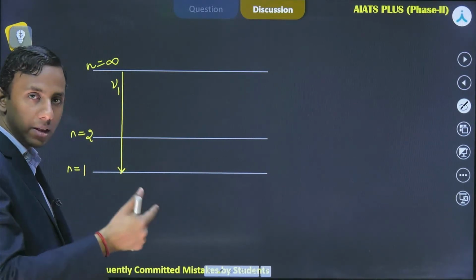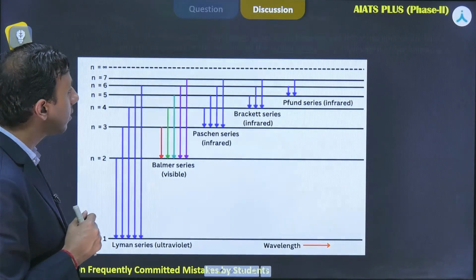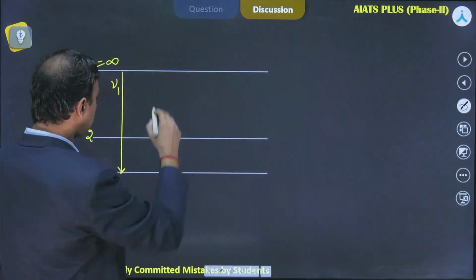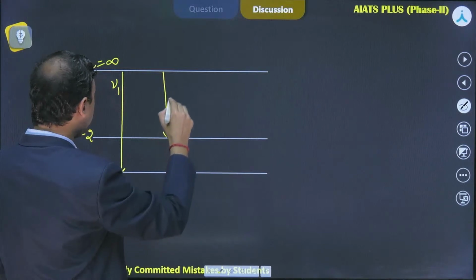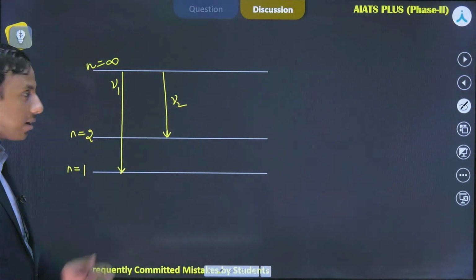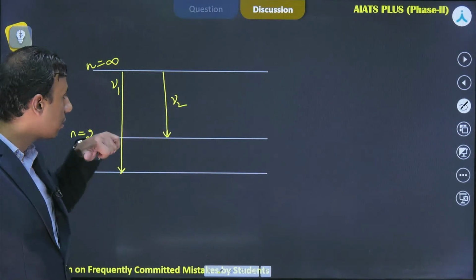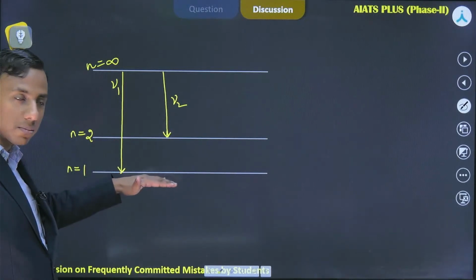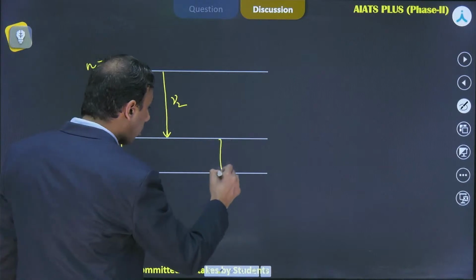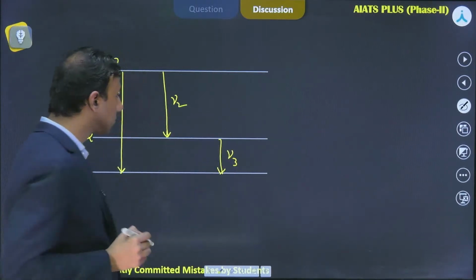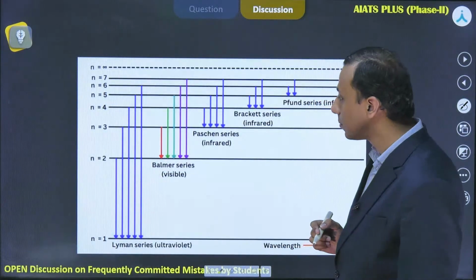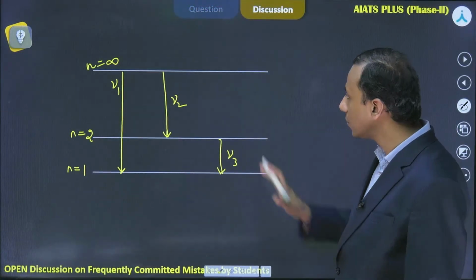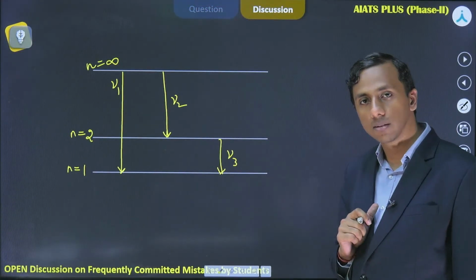And for Balmer series, the series limit is nu 2, so we can draw from infinity to n equal to 2, and the frequency associated with this jump is nu 2. And what about the remaining one? It is the first line of Lyman series, n equal to 2 to 1. Let me draw it over here. So this is nu 3. This is what we have drawn on a separate diagram. Now you can mention them in the form of energies, isn't it? How?